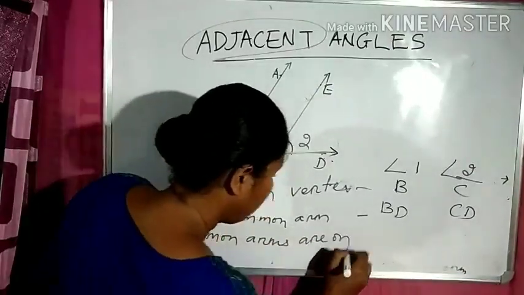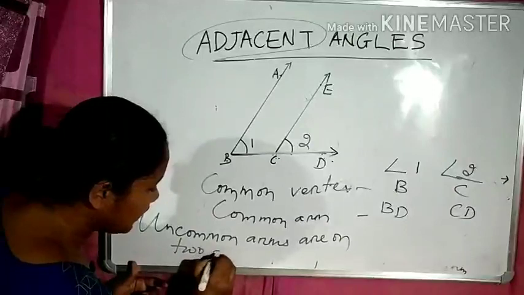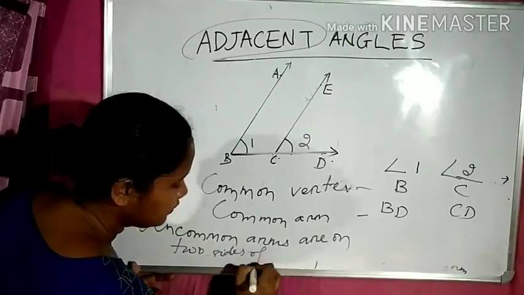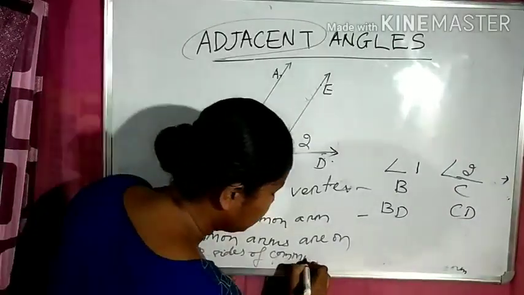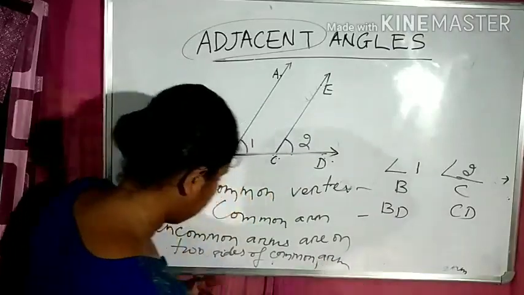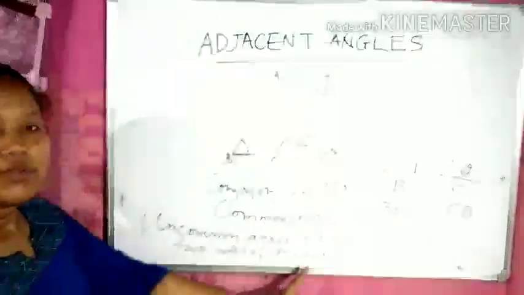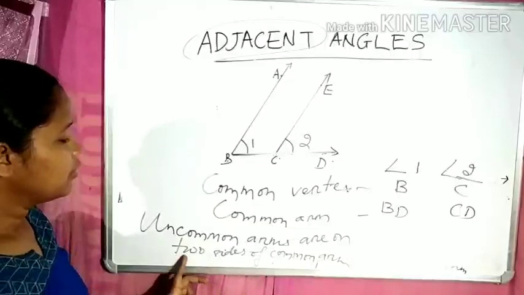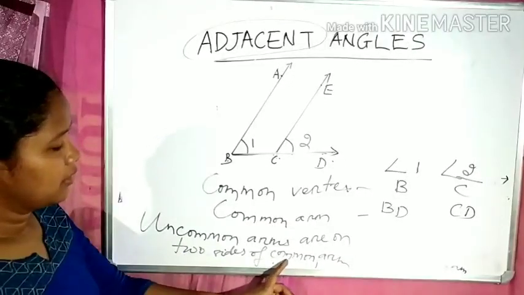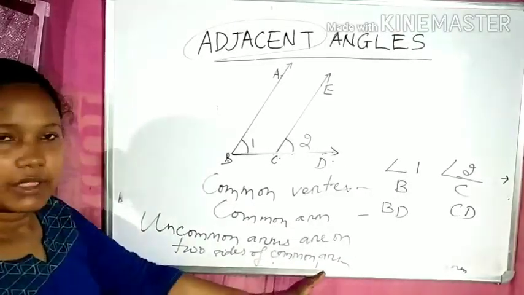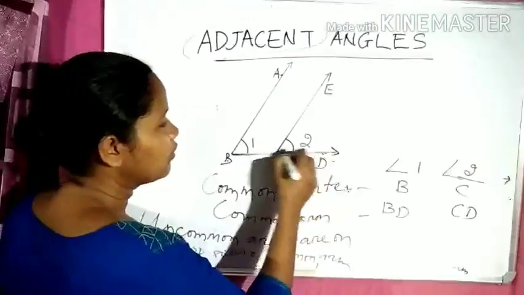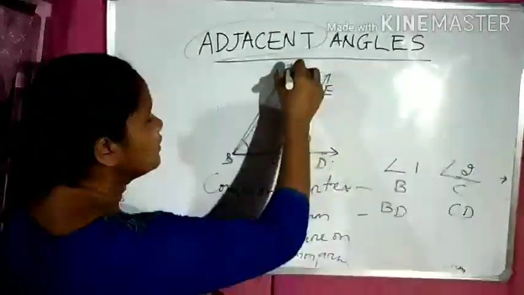Are the uncommon arms on two sides of the common arm? So they are on two sides. Look at this.